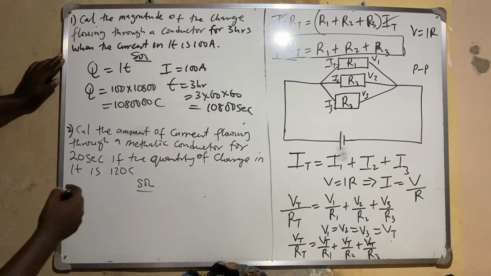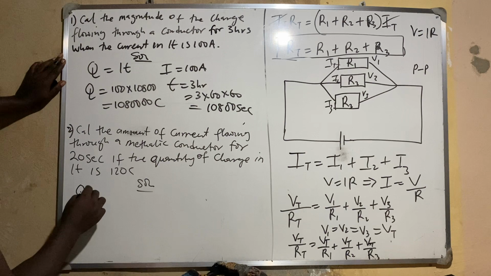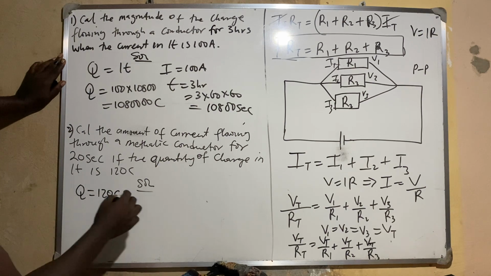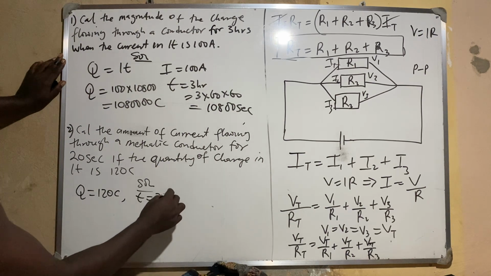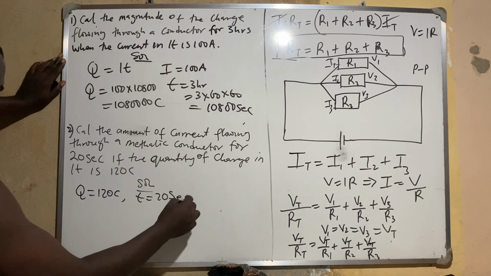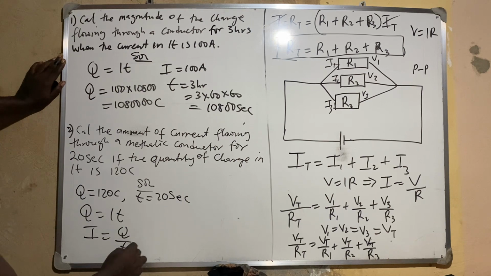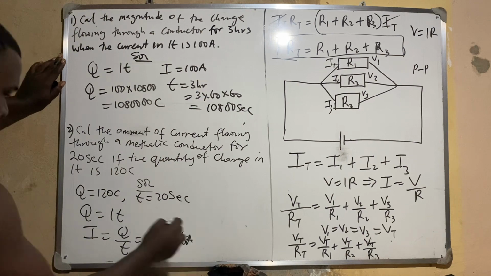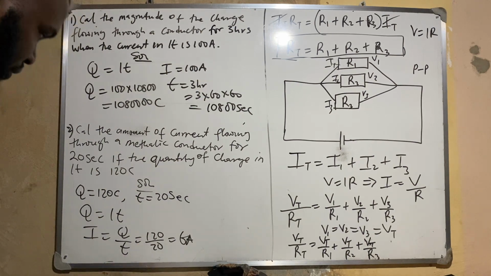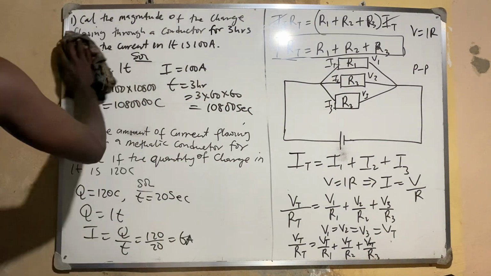So let me get everything they gave me. They gave me my Q, which is 120 coulomb, and my time, which is 20 seconds. I know that Q is equal to IT, so my I will be Q over T, which is 120 divided by 20, which is 6 ampere. Very simple.